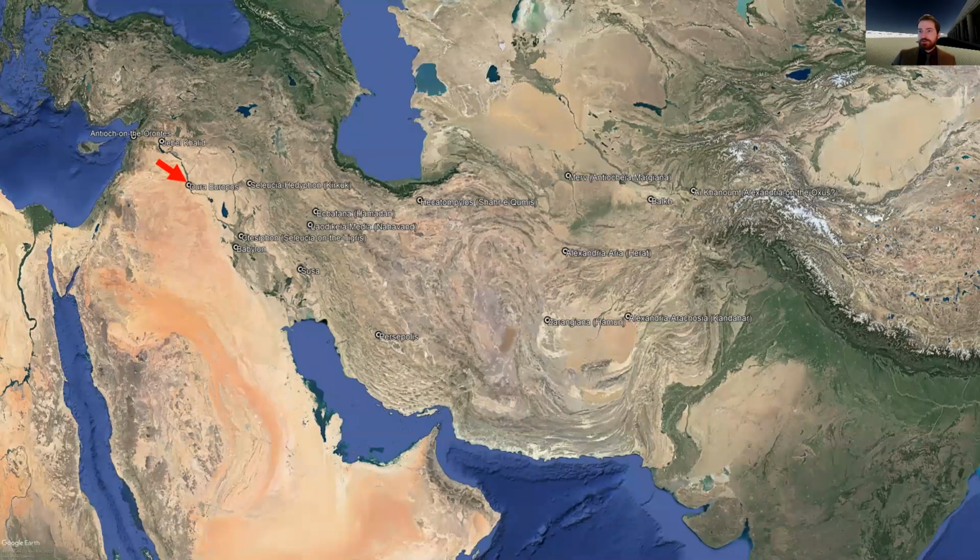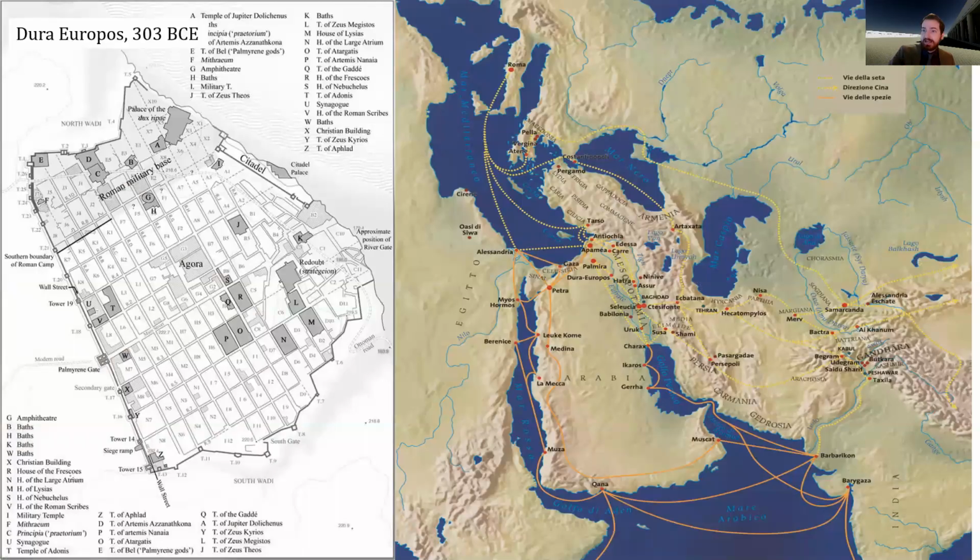Looking then to Dura Europos, the site of which we will talk a little bit more about when we get to the Sasanian period, it was again built on that Hippodamian grid plan. So just like Seleucia, it has its own citadel that's set apart from the rest of the city. It has an agora.